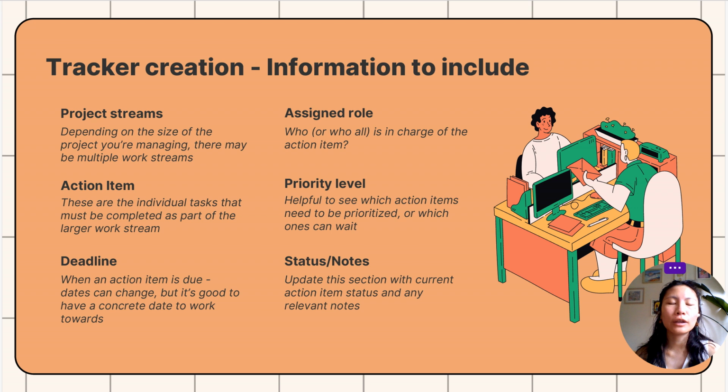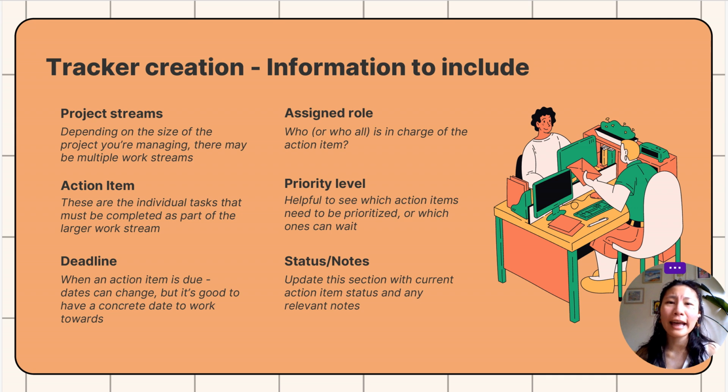That way, if timelines get tight and you need to prioritize, you can easily take a look at this tracker of yours and say, okay, I see that these 3 items are the most priority, so I'm going to work on those first, and I can wait on the last 2 because they're not as high priority.